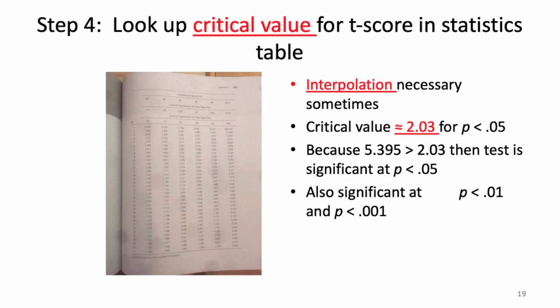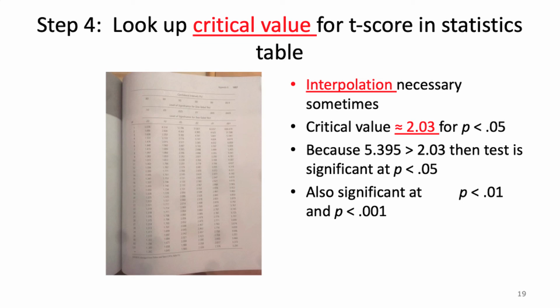So we can look up the critical value for the t-score in a statistics table like this one on the screen, or like any that are in any statistics book. Sometimes we have to interpolate between the values in here. If you can see this, you see degrees of freedom goes 27, 28, 29, 30, 40, 60, 120.